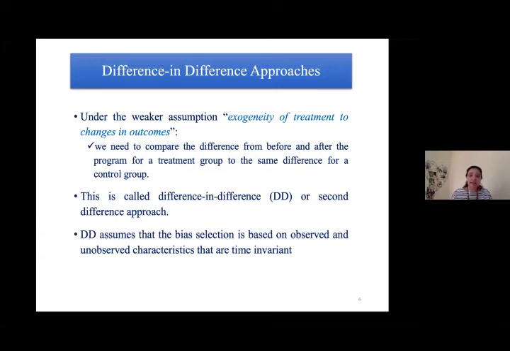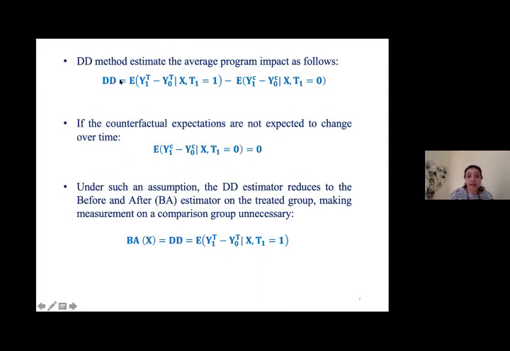And again, this method assumes that the selection bias that I want to take into consideration, to be sure that I have the unbiased impact of this program, is based on observed characteristics and unobserved characteristics that are time invariant. So as I said, the difference in difference includes two differences. The first difference is the difference in outcome of the treated before and after the implementation of the program, and the second is the difference between the outcome of interest of the control group after and before the implementation of the program.